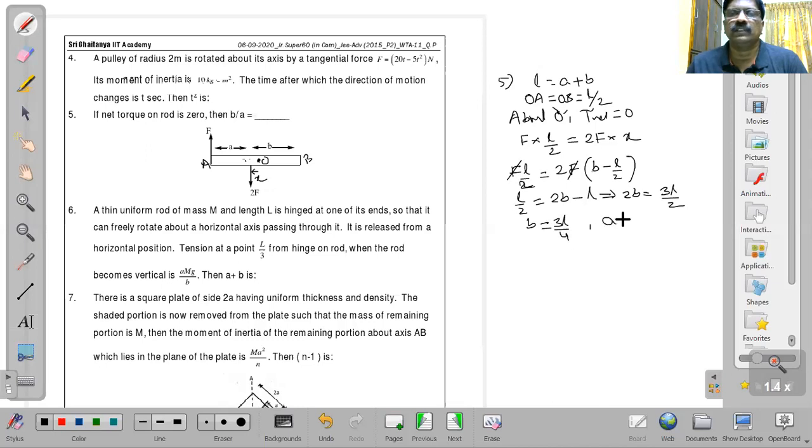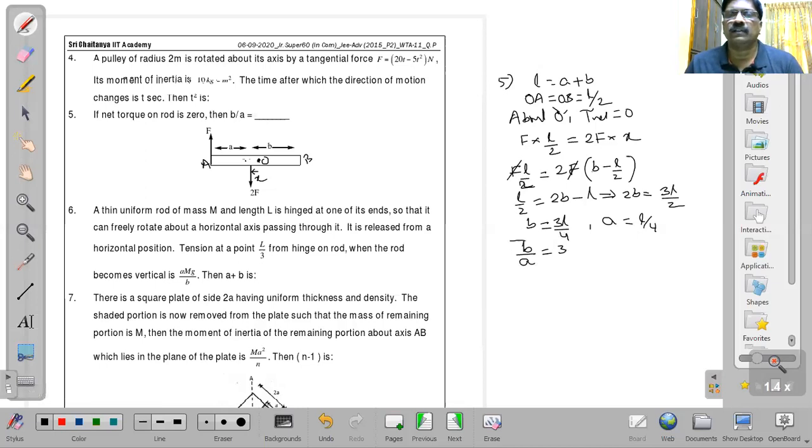Then what about the A value? Because they asked A by B. As B is equal to 3L by 4, A is equal to L minus 3L by 4, which is L by 4 only. Therefore B by A is equal to 3.